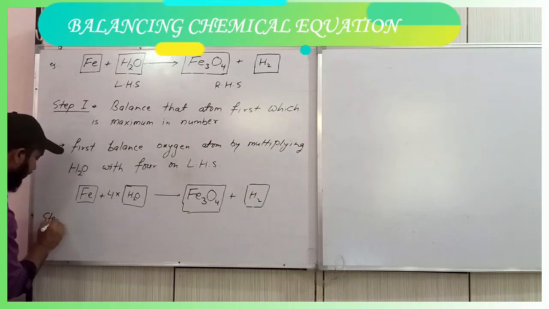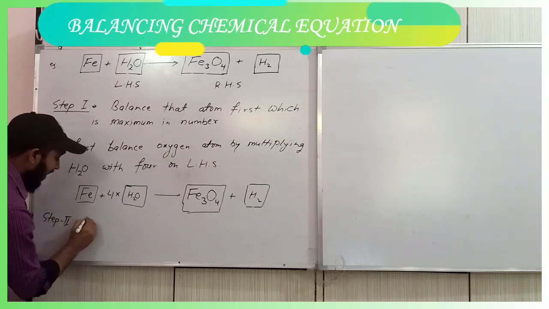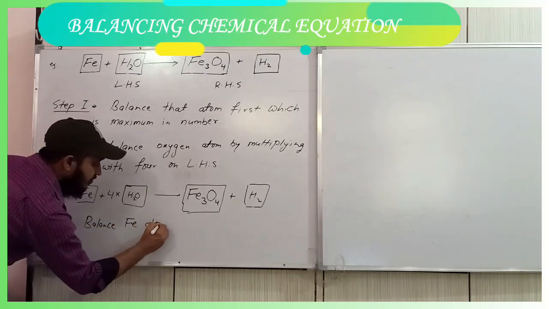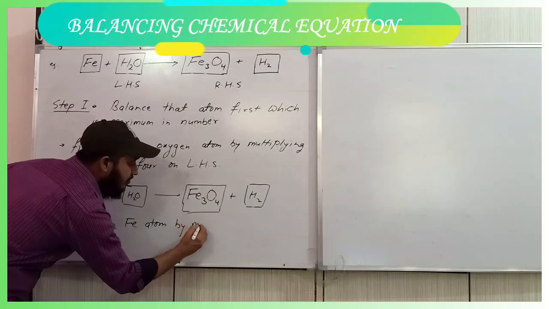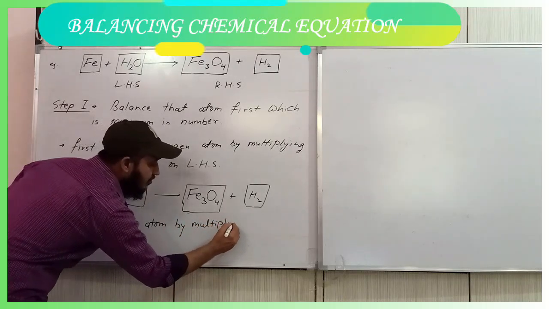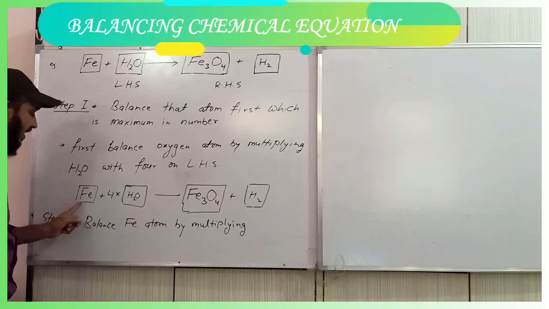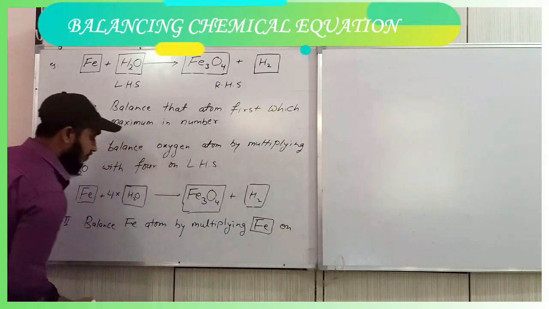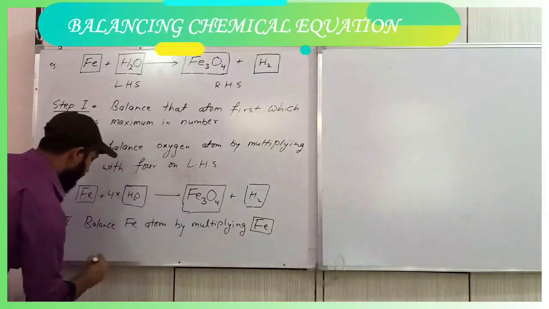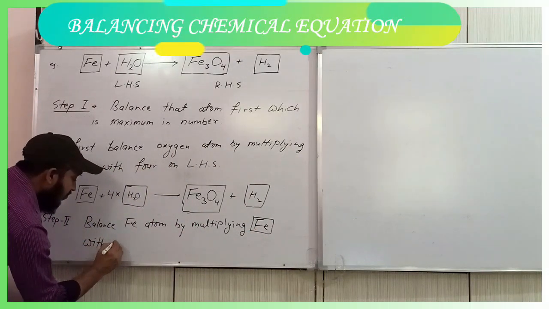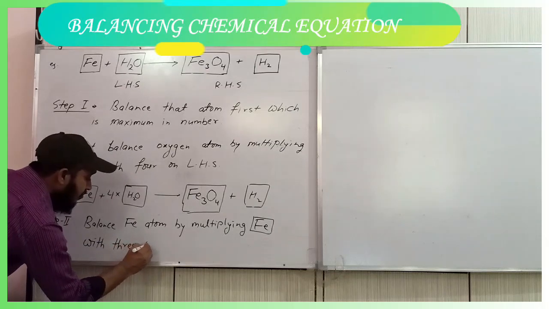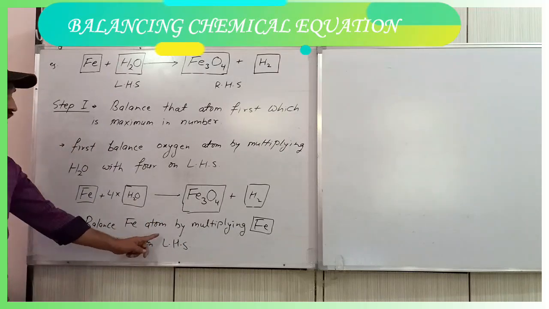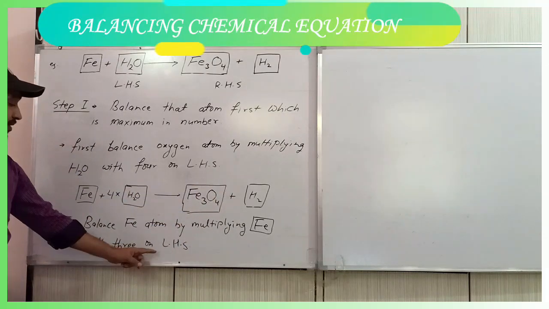In step second, balance Fe atom by multiplying Fe with 3 on LHS.